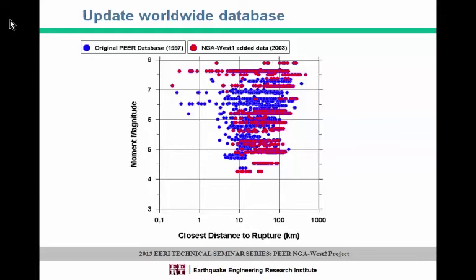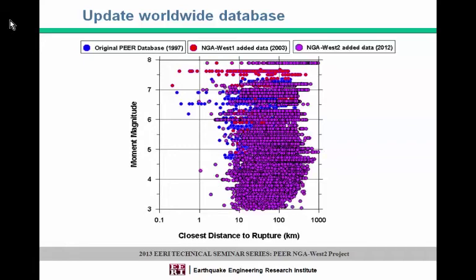So the size of database increased tremendously under NGA-West1. At NGA-West1, the largest magnitude event that we had was magnitude 7.9 in Alaska, Denali, but only few stations. That's what you see, 7.9 top of the line. Then in the current project, NGA-West2, that we started, we added tremendous amount of data.